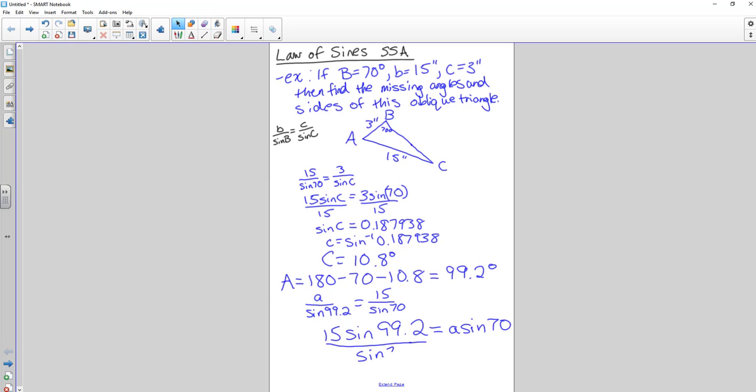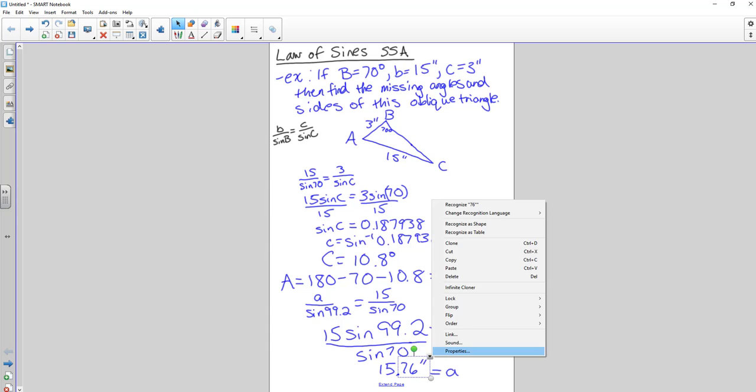Divide by sine 70, and that'll get me side A. So 15 sine 99.2, I'm ending my parenthesis in my calculator, divided by sine of 70. So 15.76, we'll say. About 15 and 3/4.